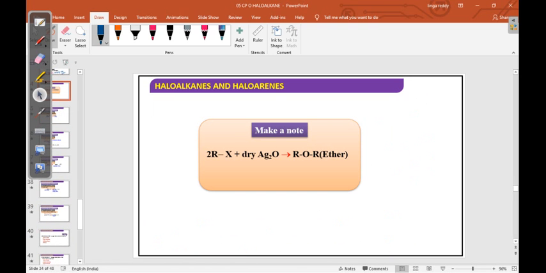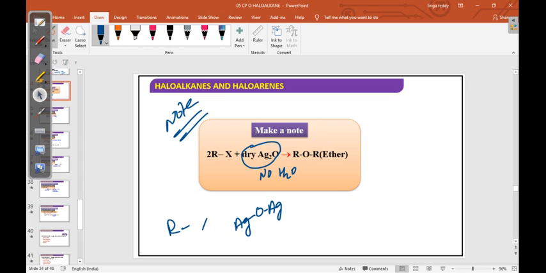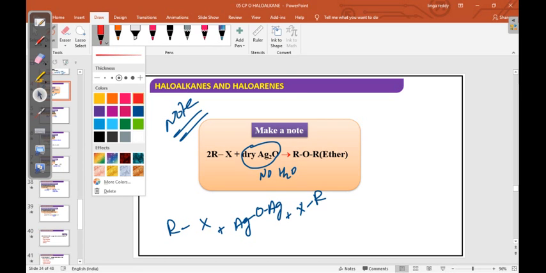Next, the note point is that if you are taking Ag2O dry, meaning no water, then write this structure first. The Ag2O structure is like this. Take two RX molecules. But your mechanism is the same. What you have to do? Remove the AgX.